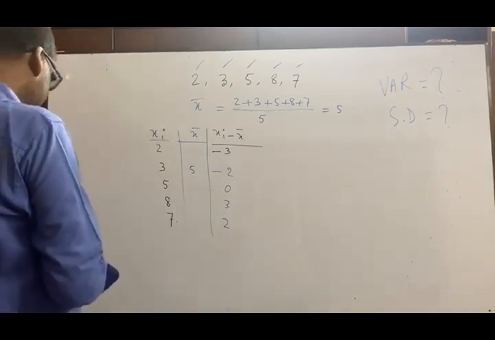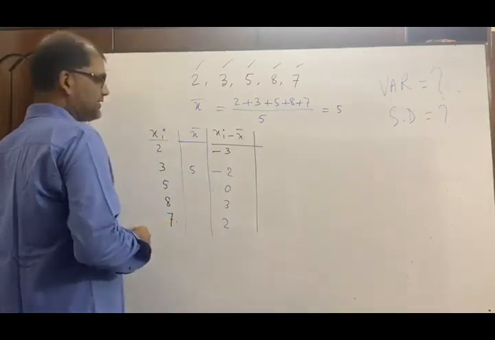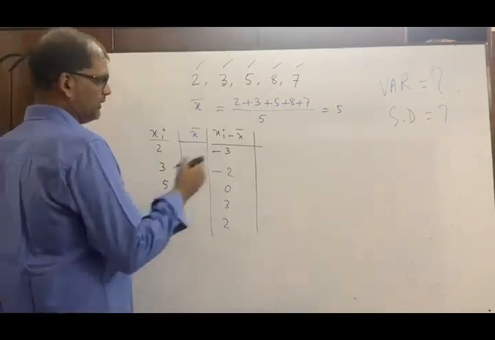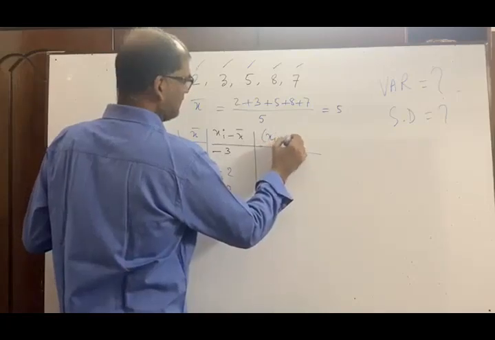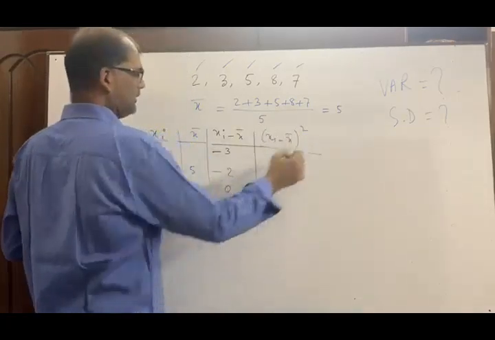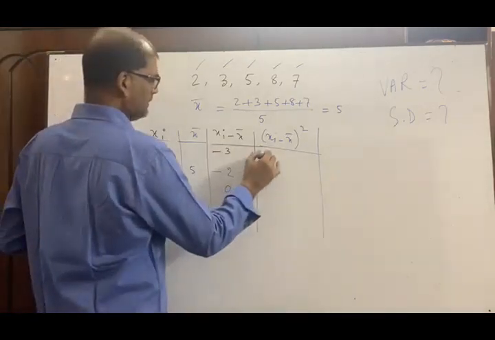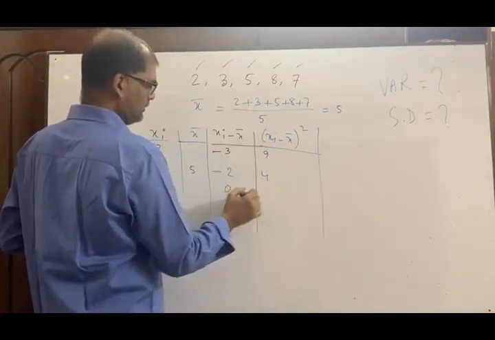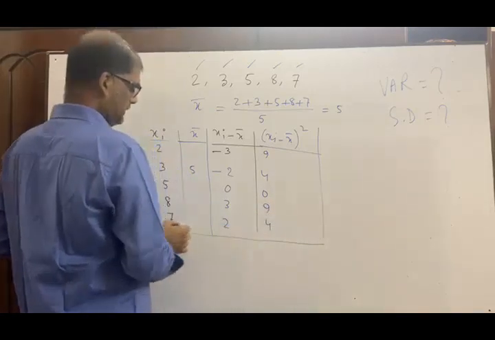Okay. Now you write down xi minus x bar whole square. Then which will be? This is 9. This is 4, 0, 9, 4. This is okay.